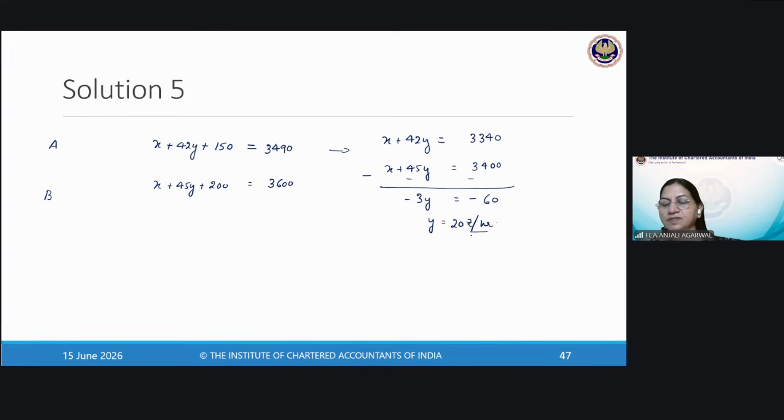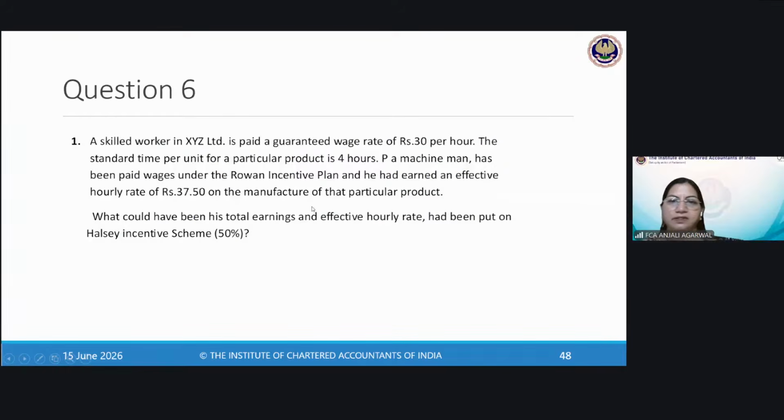So the wage rate comes out to be Y is equal to 20 rupees per hour, right? Another important, interesting question. A skilled worker in XYZ is paid a guaranteed wage rate of 30 per hour. Standard time per unit is 4. P is a machine man.